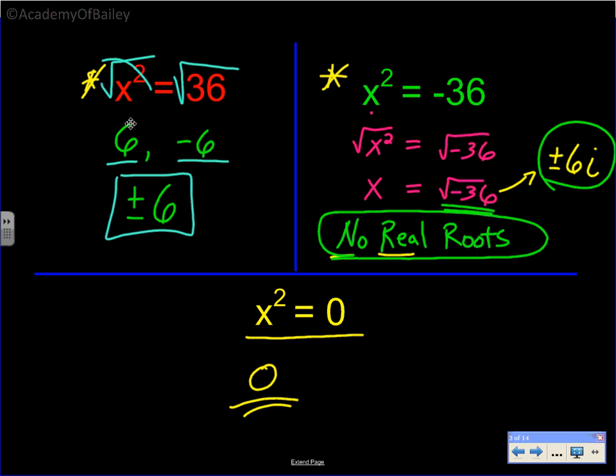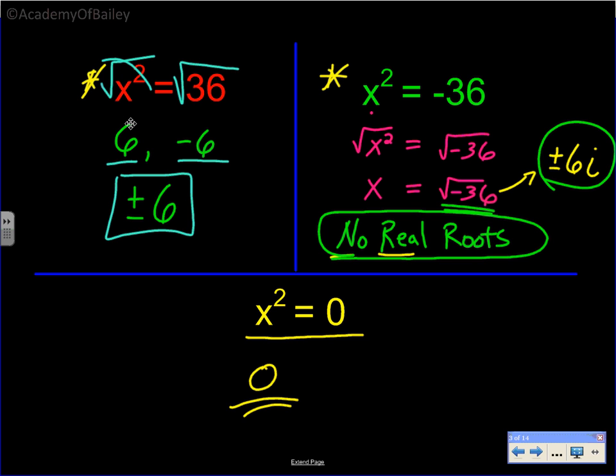And this is one thing that many, many students will be forgetting, is that when you take the square root of a number, it's positive and it's negative. Now, a lot of times when you're working out a word problem and you take the square root of a number, sometimes the answer is only going to be positive, because in real life situations, sometimes you can only have positive answers.